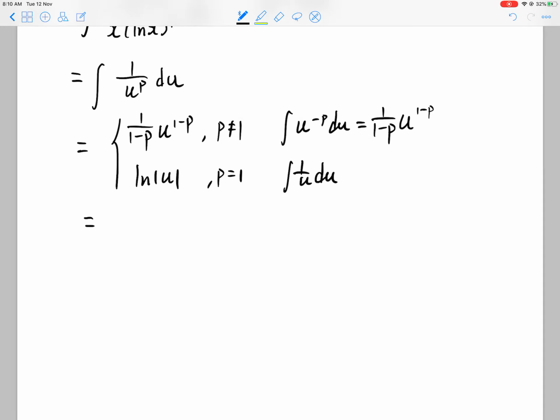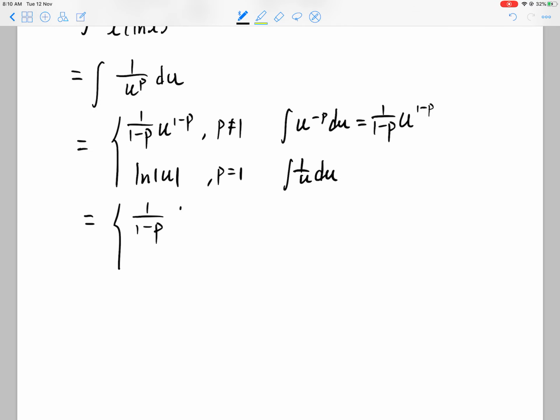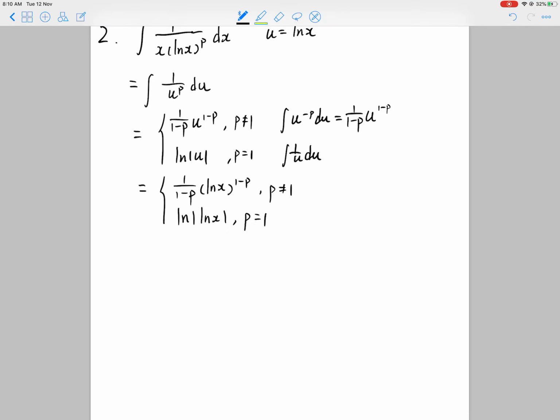Which means we can sub back u is log x, so it's log x to the power of 1 minus p over 1 minus p. Right, it's log absolute value of log x if p is 1. Okay, so this is the first part.